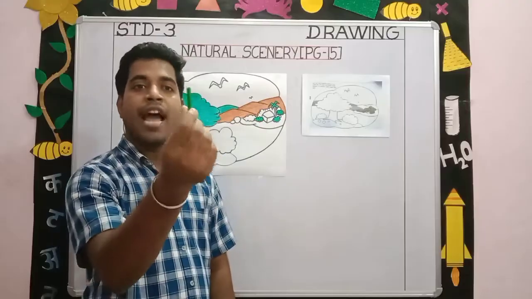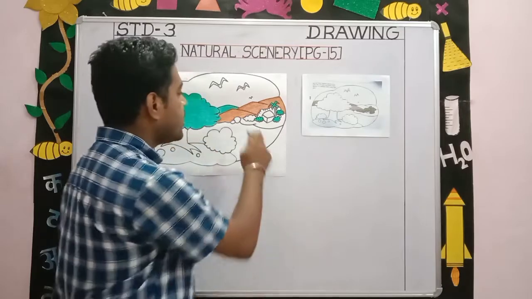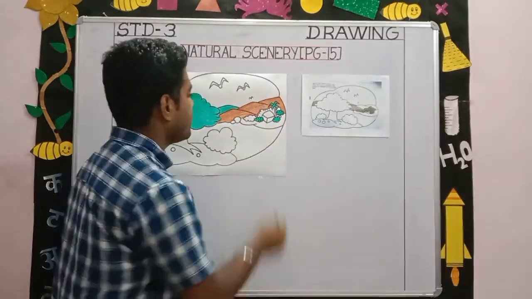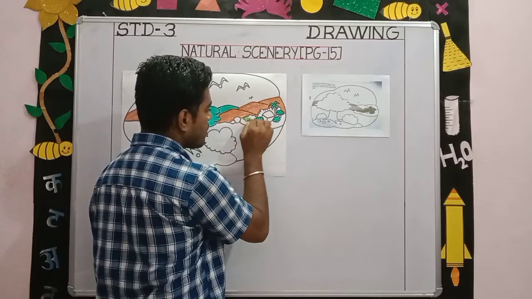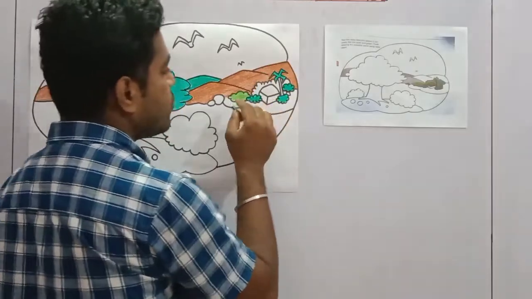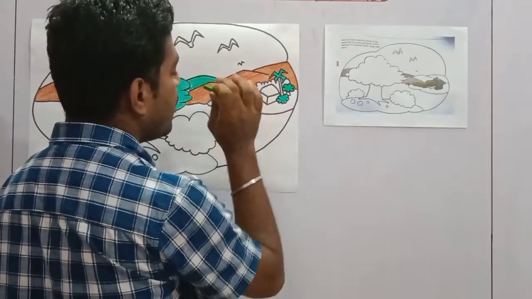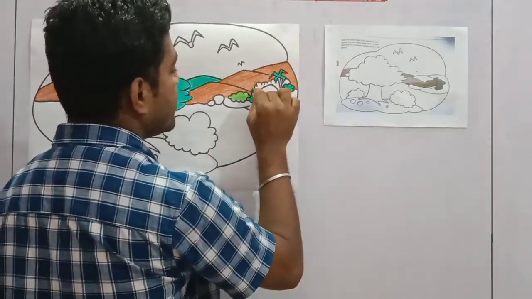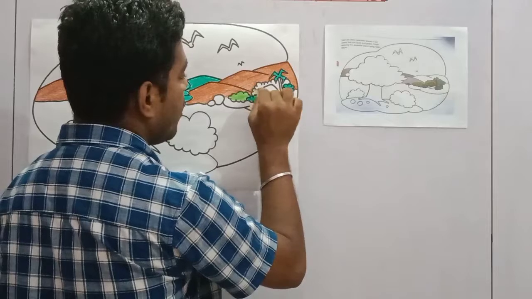Now I am using the lighter shade of a green color to color the remaining bushes over here. In this way, I have finished with the coloring of the first bush. Now it's the time to color this bigger one.